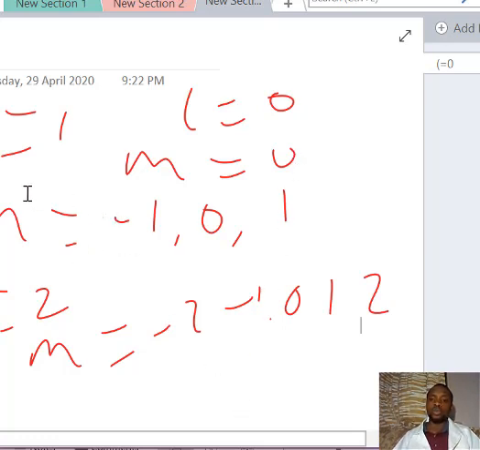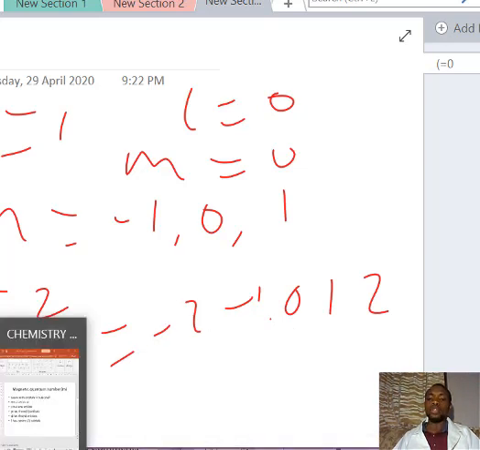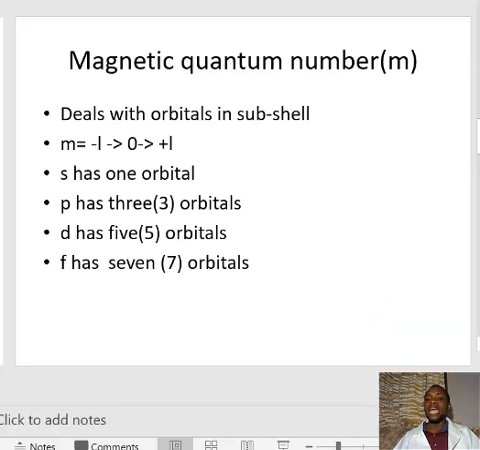When L equals 1, we have 3 values, minus 1, 0, and 1, meaning 3 orbitals. When L equals 2, we have 5 numbers, meaning 5 orbitals. When L equals 3, we have 7 values of M, so we have 7 orbitals.